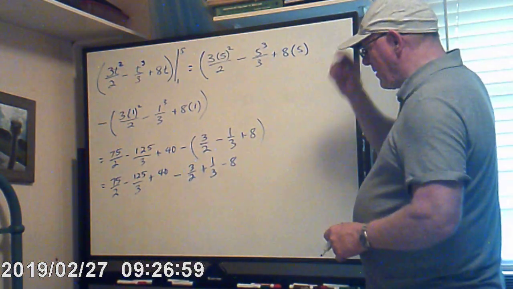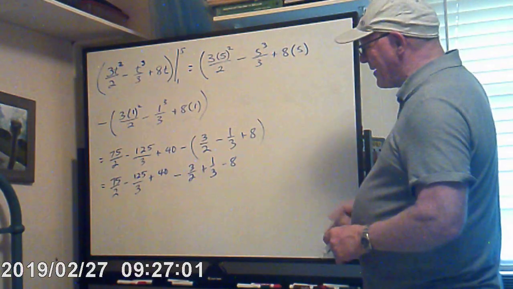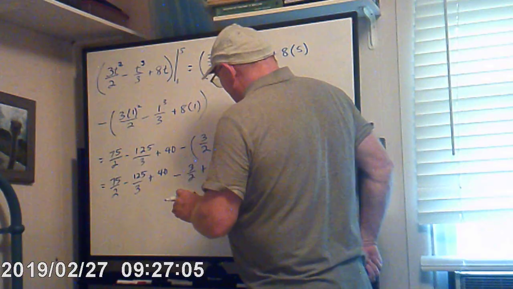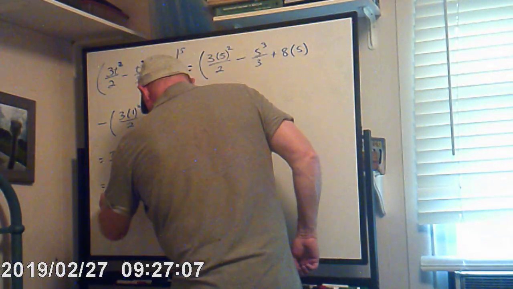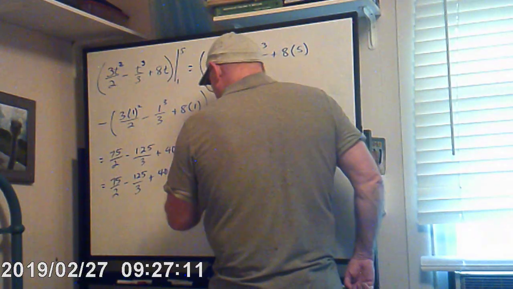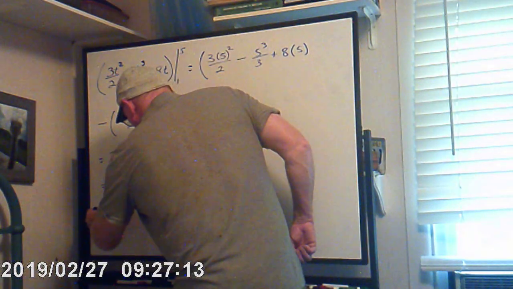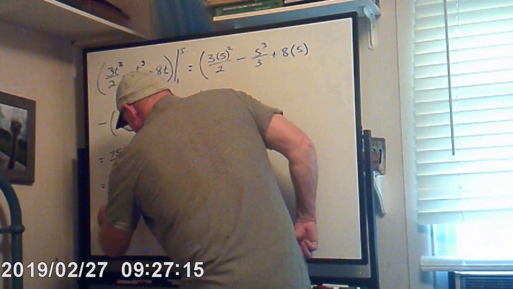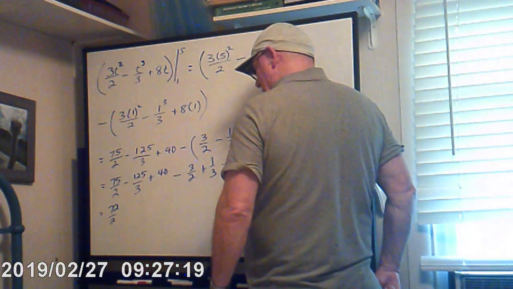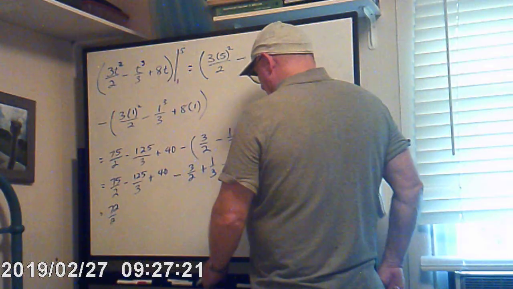Somehow it's looking good. Let's combine 75 over 2 minus 3 over 2. 75 minus 3 is 72 over 2. That's good, because I know that's 36.